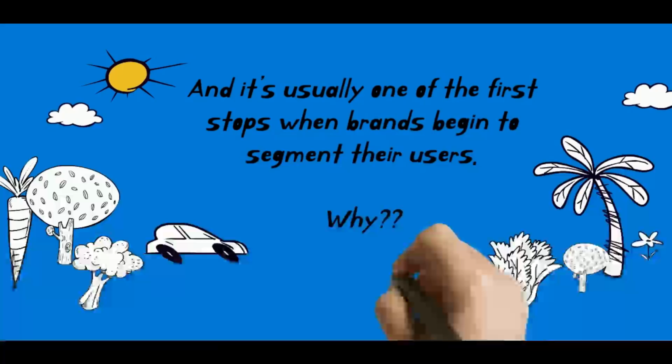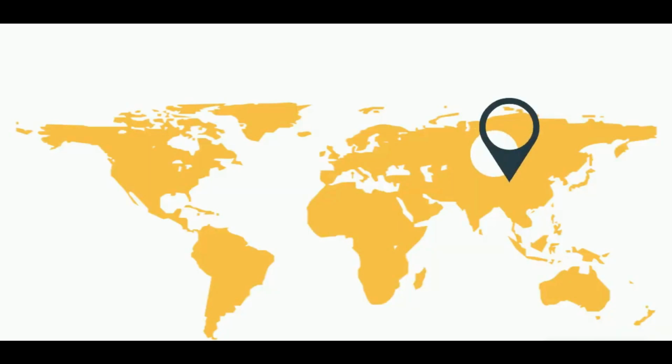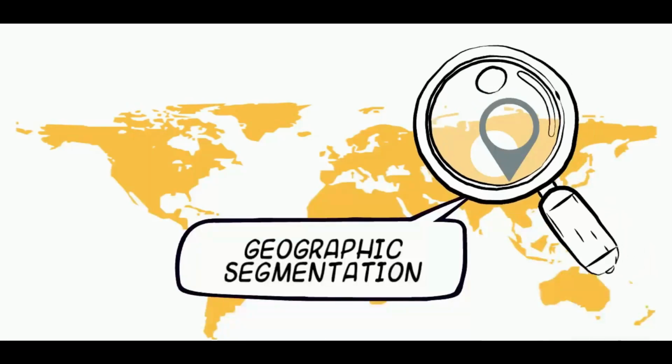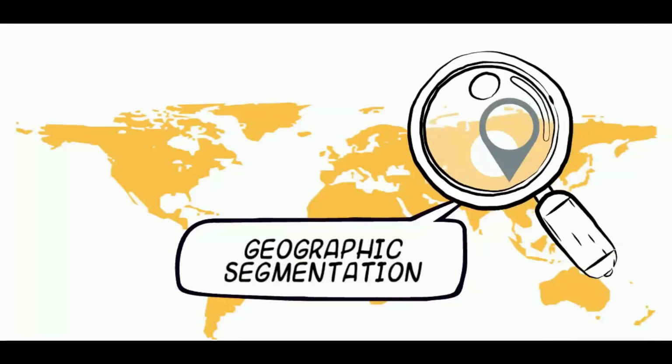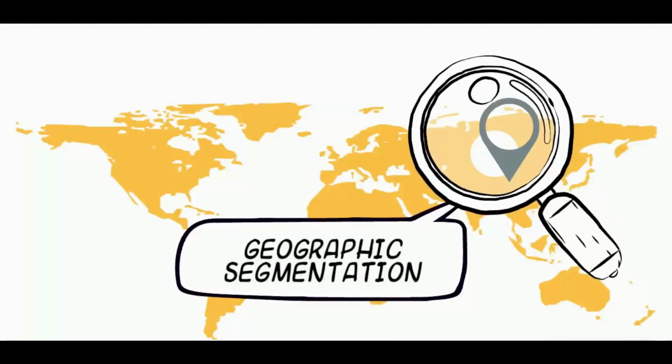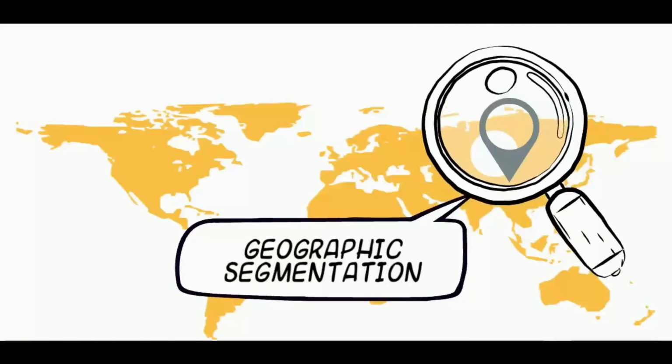Next up, we have geographic segmentation. Geographic segmentation basically groups users based on their geographic details. Similar to demographic, geographic tends to be objective and based on facts about the individual.